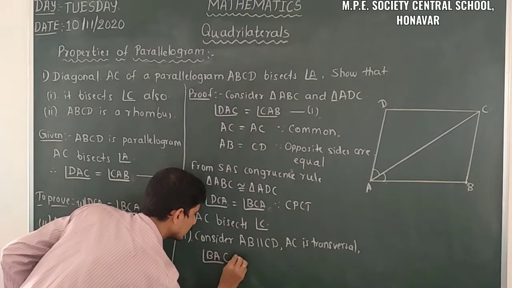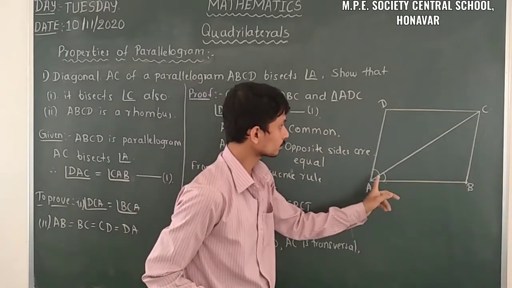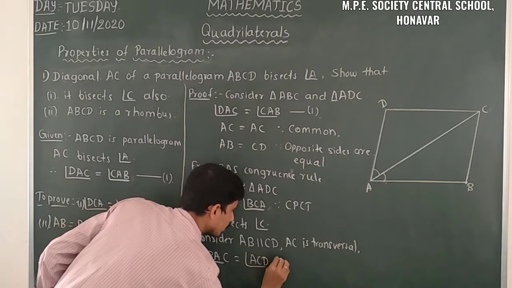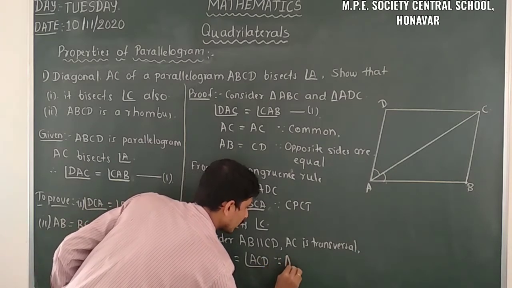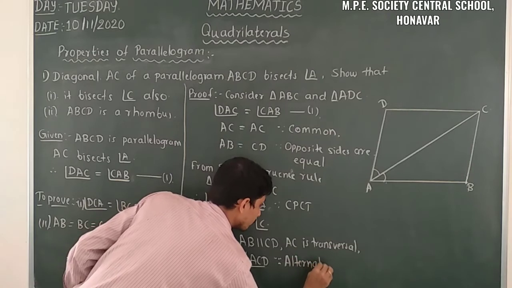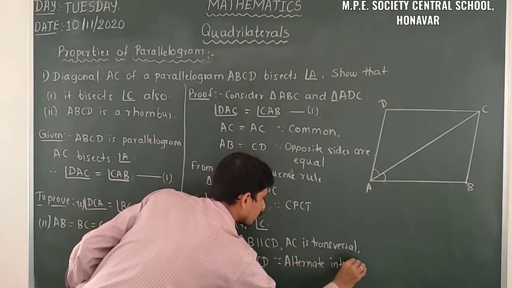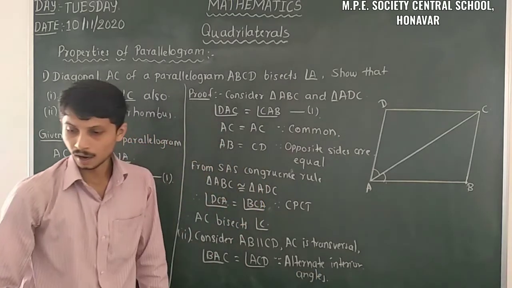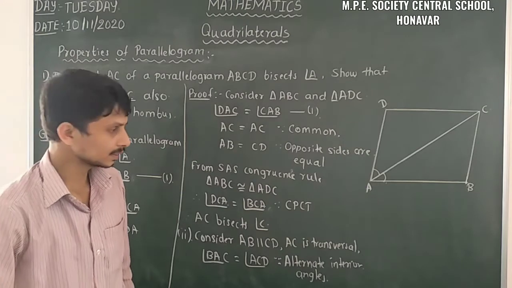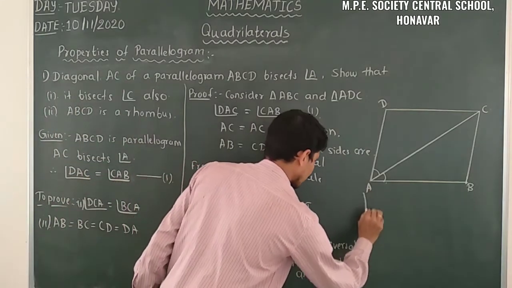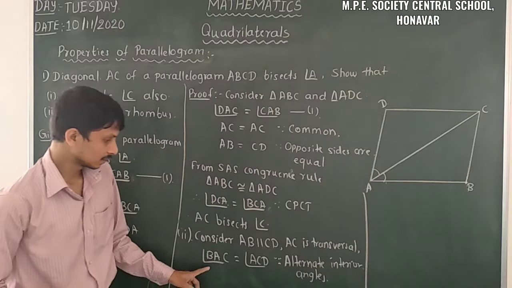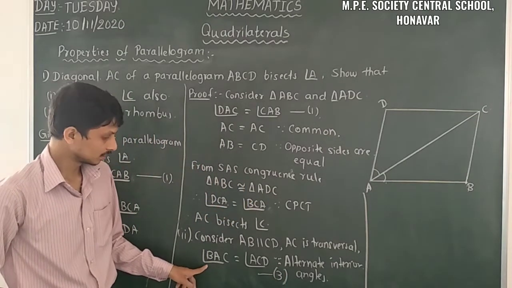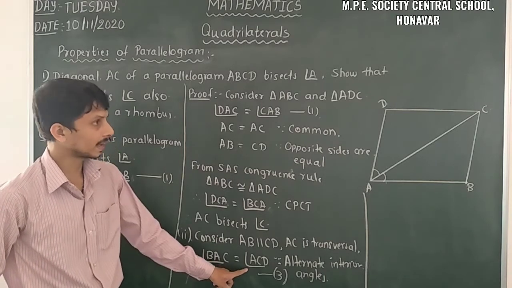Angle BAC is equal to angle ACD, because those two are alternate interior angles. And then I will write the further part. I will consider it as equation number 3. Angle BAC is equal to angle ACD.